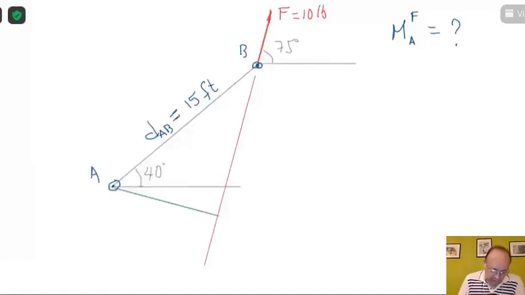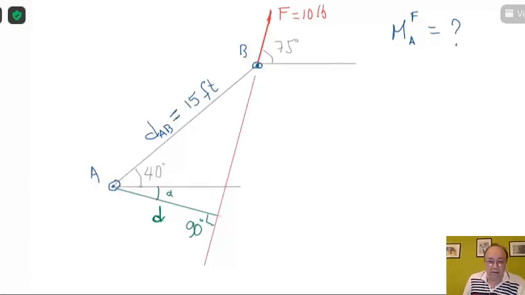That distance will be the distance D that we need in order to find the moment. That's the distance that is perpendicular. This angle is 90 degrees. Okay, what is that distance? If we have this angle here, let's call it alpha for now.